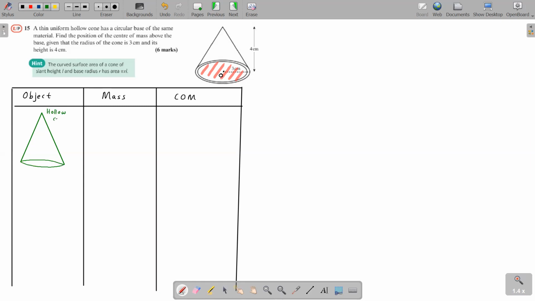How do we get the mass of a hollow cone? Now, previously when we were working with solids, I told you that we should use the volume, right? So when it's a complete solid, we use the volume as proportional to the mass. But now when it comes to a hollow object, is it okay? Do you think that it is correct to use the volume to show the proportionality to the mass?